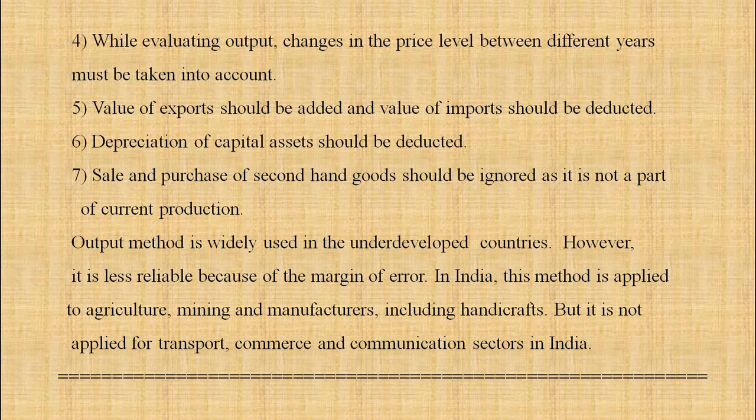Output method is widely used in the underdeveloped countries. However, it is less reliable because of the margin of error. In India, this method is applied to agriculture, mining and manufacturing, including handicrafts, but it is not applied for transport, commerce, communication sectors, etc.